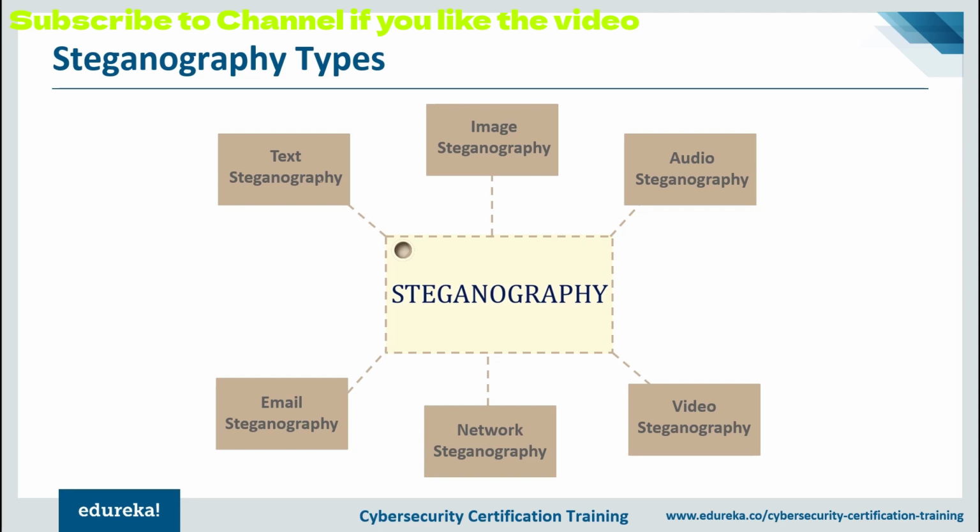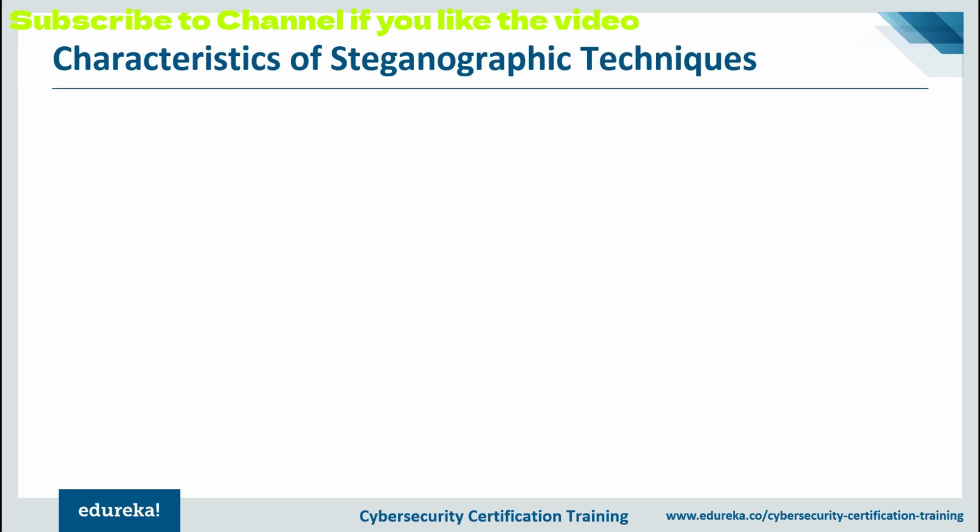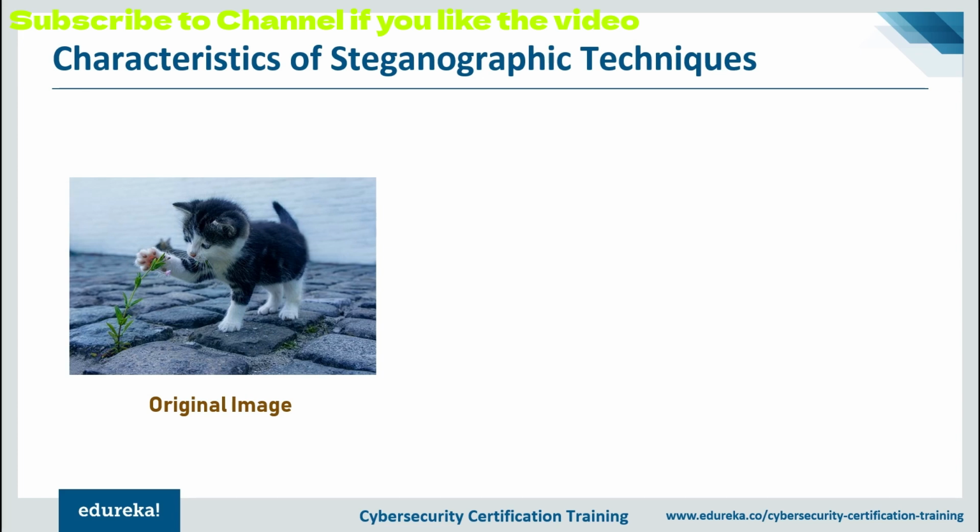Now that we have learned of different types of steganography, let's take a look at a few features that a steganographic technique must possess. I'm sure you can see an image of an adorable and cute kitten on the screen, right? That's our cover image, the file where we store our secret data. The first feature that any steganographic technique must possess is transparency.